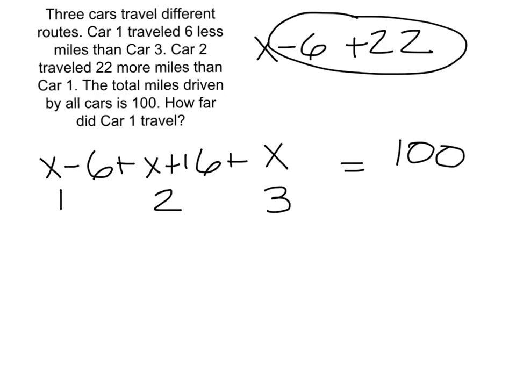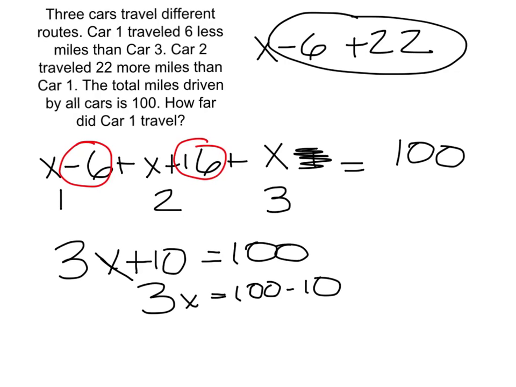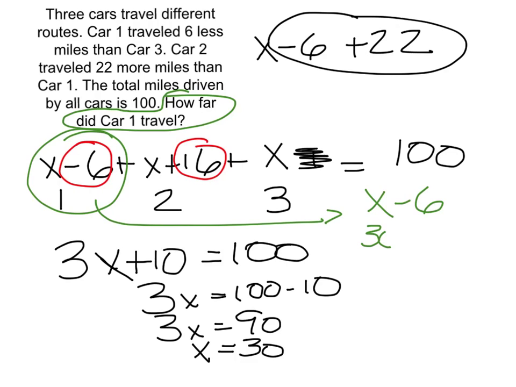Add these all together and you come up with 3 x's, and -6 plus 16 is going to be a plus 10. Move the 10 to the right, make it minus 10. You'll have 90, which you divide by 3 to get 30. The question is asking, how far did car 1 travel? There's car 1. X minus 6, so we'll put in 30 and come back with a 24.